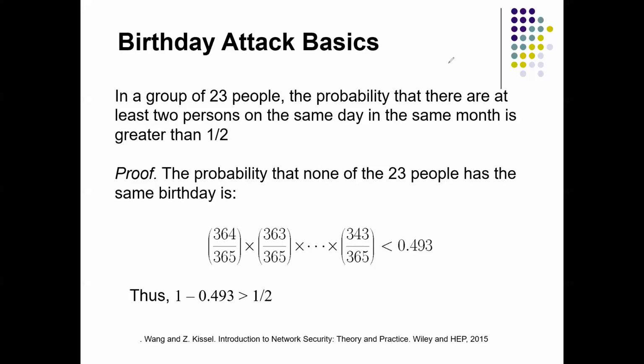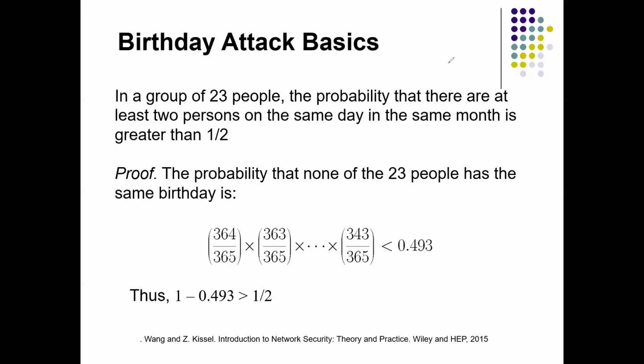We can show that for 23 people, the probability that at least 2 persons have their birthday on the same day and month is greater than 1/2.